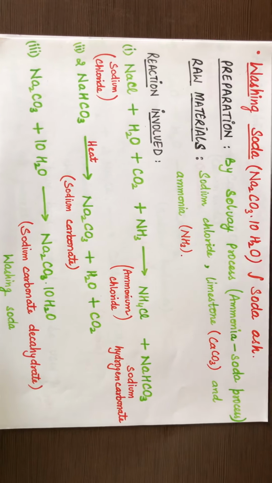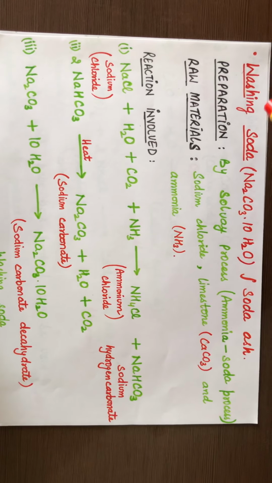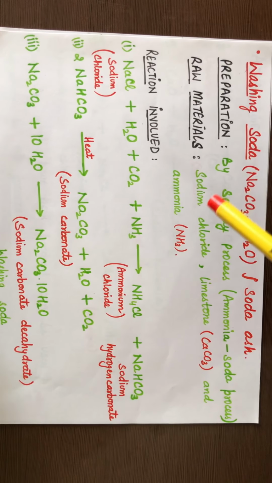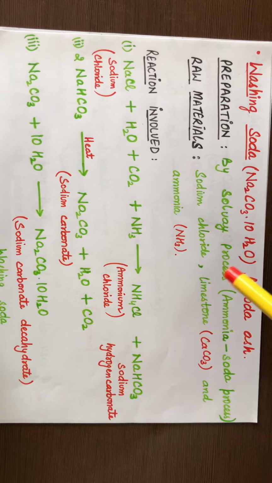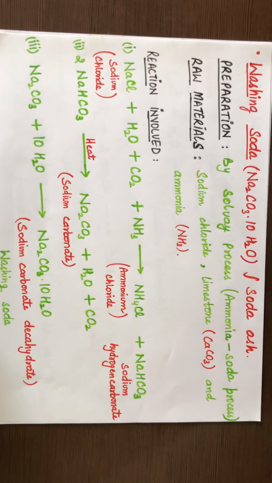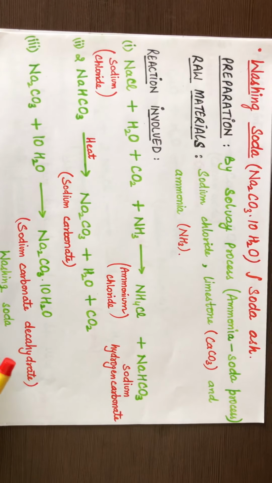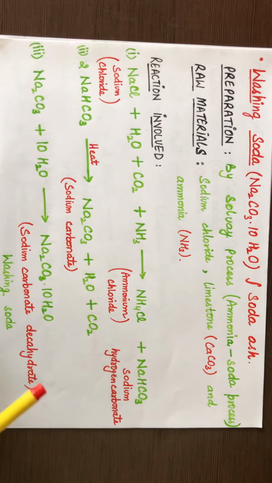Both washing soda and baking soda can be obtained through this Solvay ammonia process, but many reactions are involved in this.